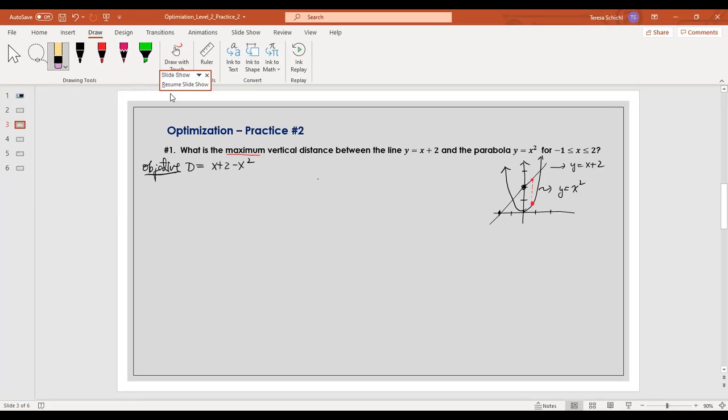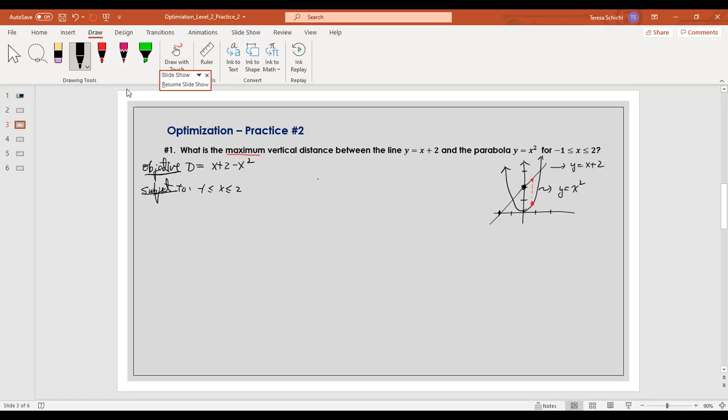Here I only have 1 variable, so this is our objective function. And our condition is that x is between -1 and 2.